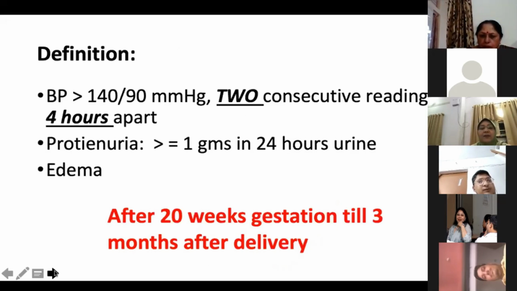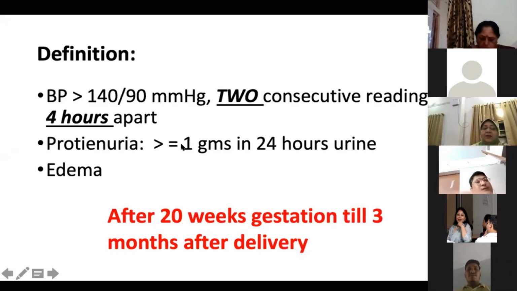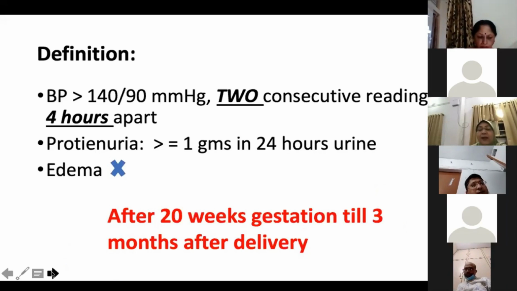How do we define it? A blood pressure of more than 140/90 on at least 2 consecutive readings, taken 4 hours apart. Apart from that, whenever there is proteinuria, we all know edema has been removed from the definition of preeclampsia and eclampsia, whereas proteinuria is also now a questionable part of the diagnosis.